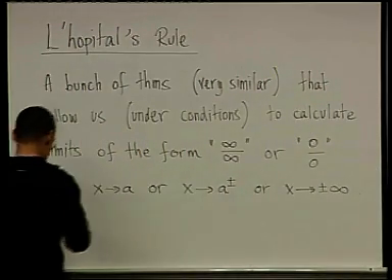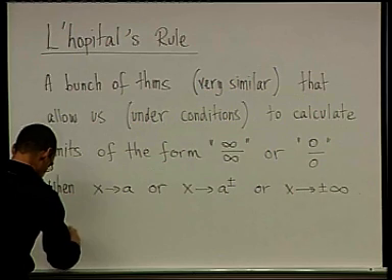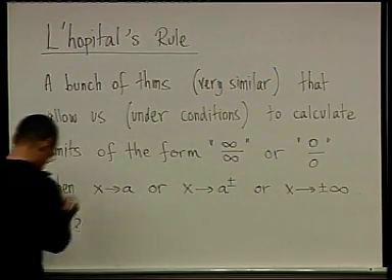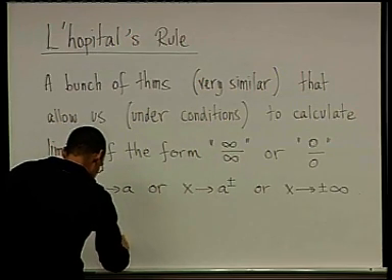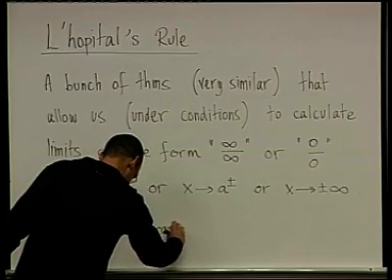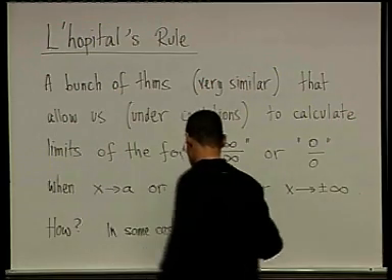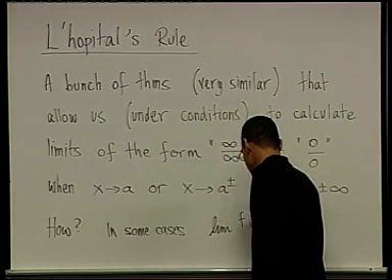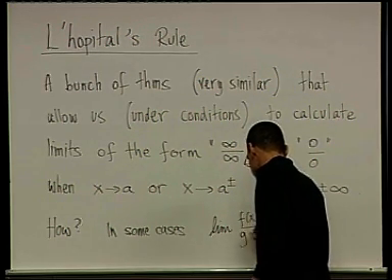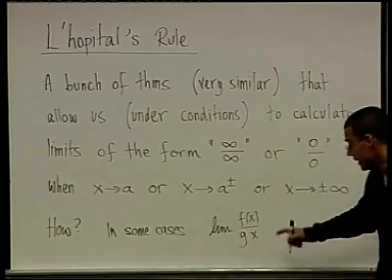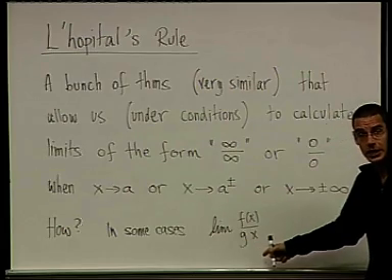And how do they allow it? So, the answer: in some cases, under these conditions, the limit of f of x over g of x, whether x goes to infinity or to a plus or a minus, is the limit we want to calculate.